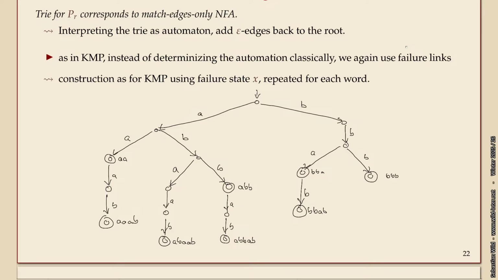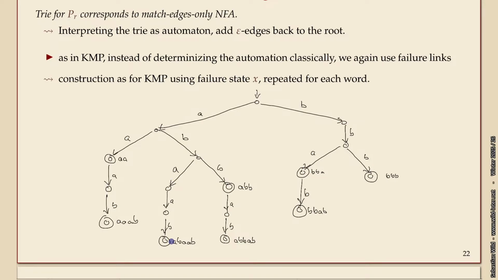So it turns out the very same approach as in KMP also works. If you pretend that you do one string after the other as in KMP, you can add the failure links in the same way. Only that I'm, of course, following all the other edges if I have to as well. Let me do an example.